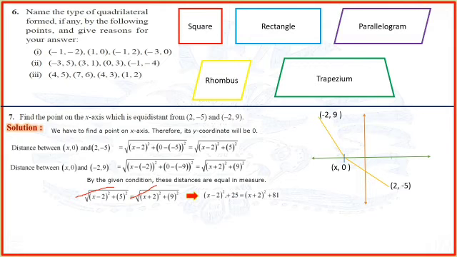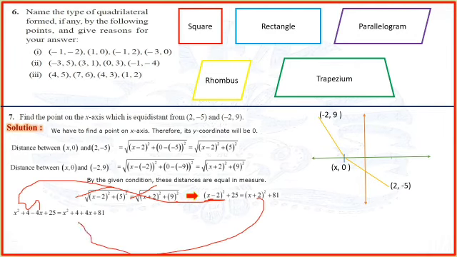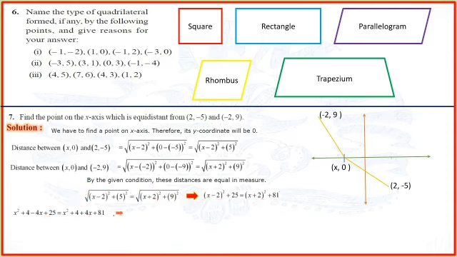So (x − 2)² + 5², which is 25, and (x + 2)² + 9², which is 81. Now (a − b)² is a² + b² − 2ab. Similarly (a + b)² is a² + b² + 2ab, and then plus 81 and then plus 25 on the respective sides as it is.